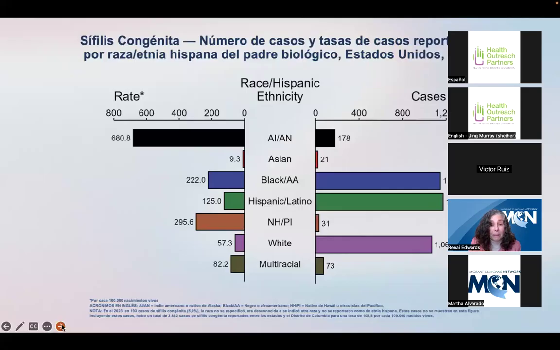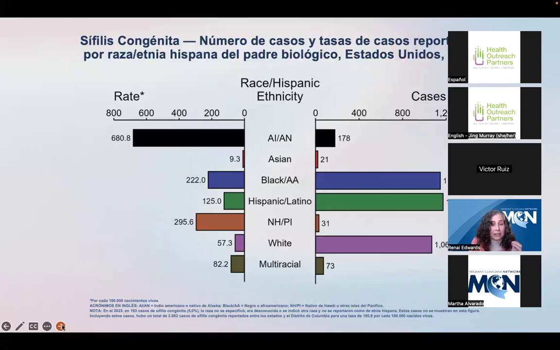So we see here that there are many more cases among Hispanic and Latinos, Black and African American populations, but the rate on the left-hand side for American Indian and Alaskan Natives, Native Hawaiians, and Pacific Islanders is much larger for what are very small total population sizes in our country.